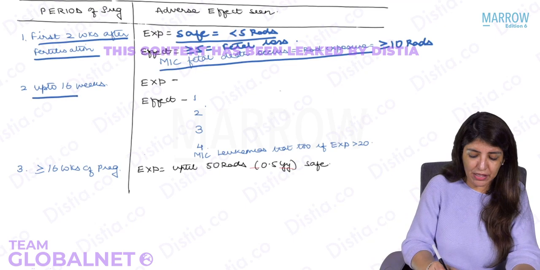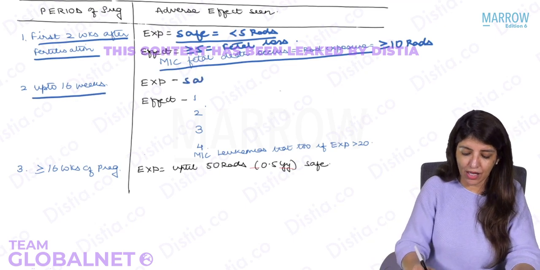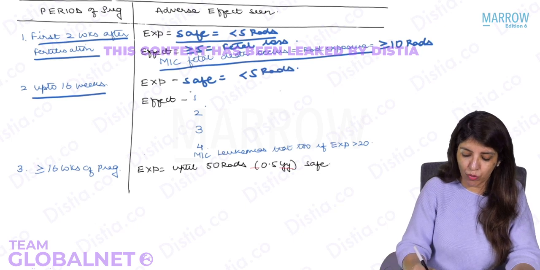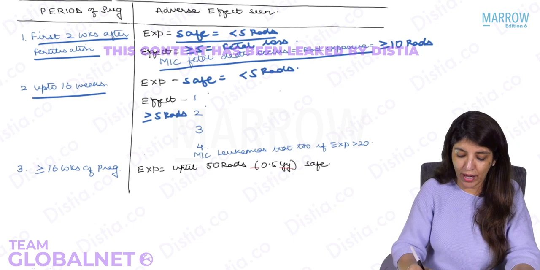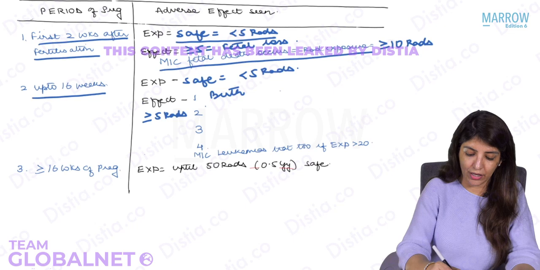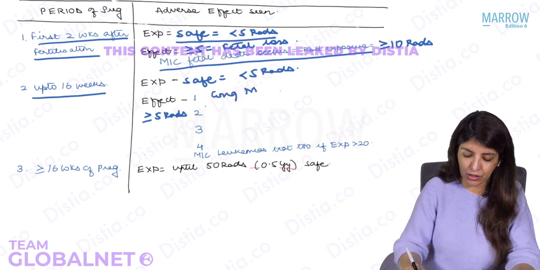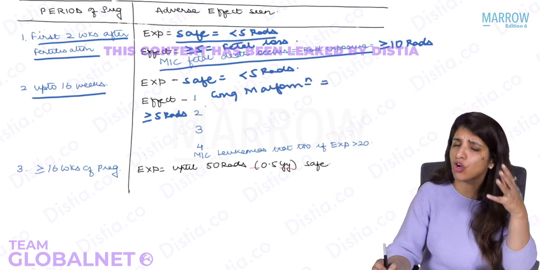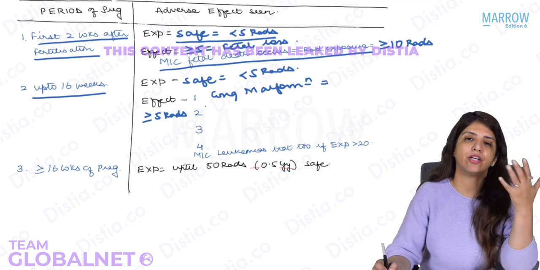Now, up till 16 weeks, again, the safe exposure is less than 5 rads. Now, if exposure is more than 5 rads, what am I going to get? Number 1, I'm going to get birth defects, congenital anomalies, right? So, congenital malformation. Now, which congenital malformation is most commonly associated with high radiation exposure?